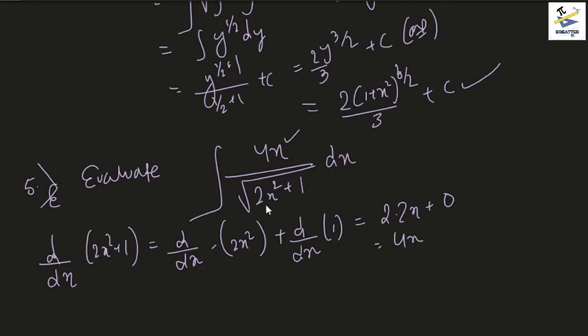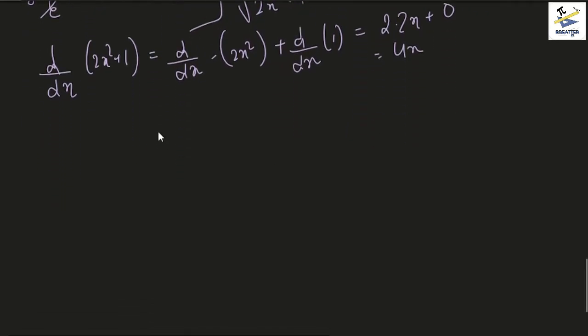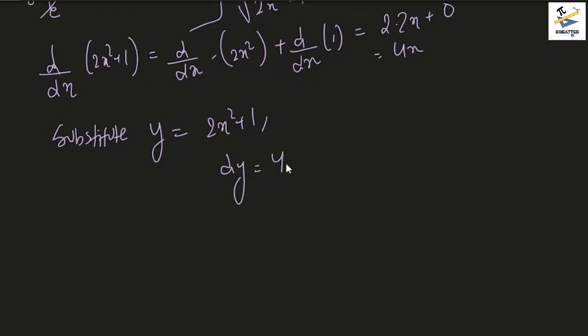The derivative of the term 2x square plus 1 is already present. And if that is so, what we can do is substitute y equals 2x square plus 1, and thus we see that dy equals 4x dx, and this would turn our integral into something like this.